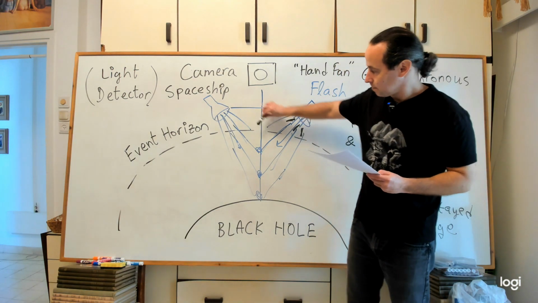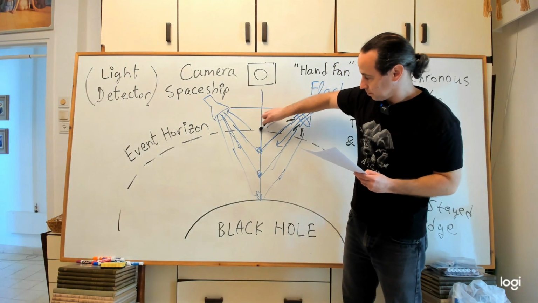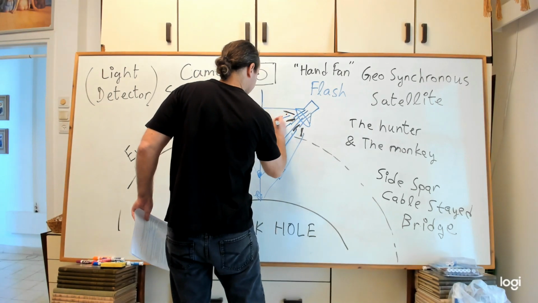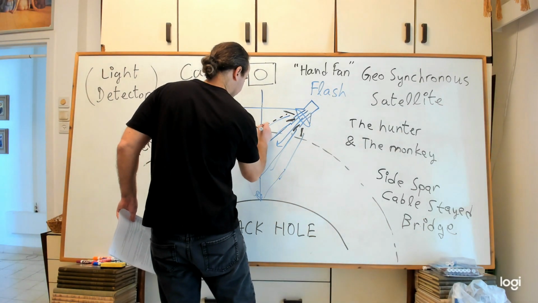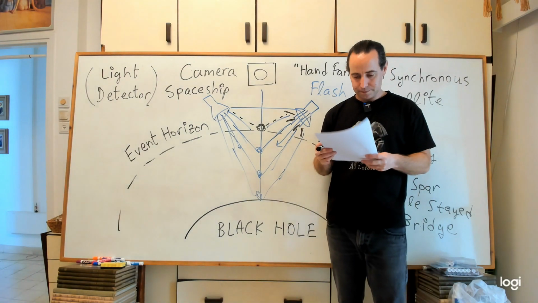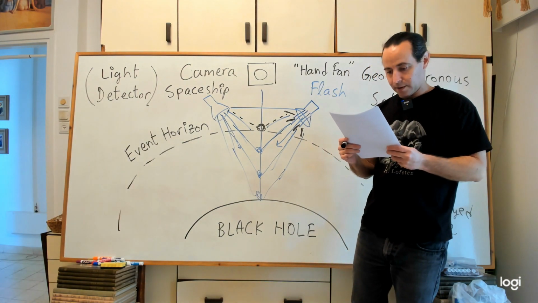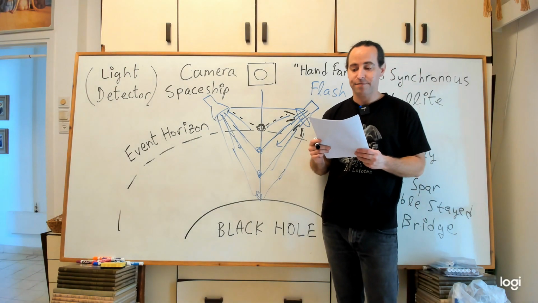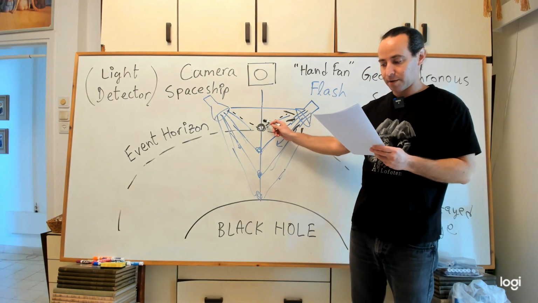Okay, this one. The uppermost beam, the beam that is furthest from the black hole.